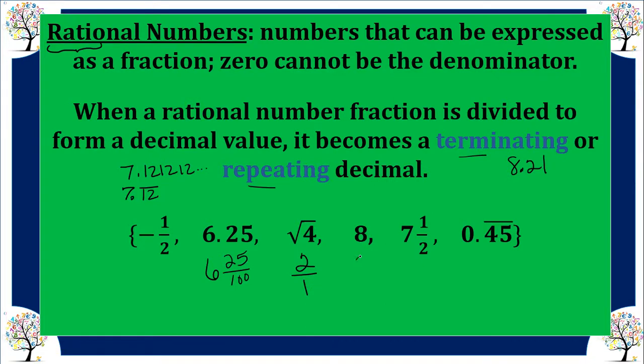Here we have 8, and we can put it over 1, showing that it is rational. 7 1/2 is already in fraction form, so showing that it is rational. And then we have a repeating decimal, which I will show you in just a few minutes, why 45 over 99 is the same as 0.45 repeating. So all of those numbers are rational.